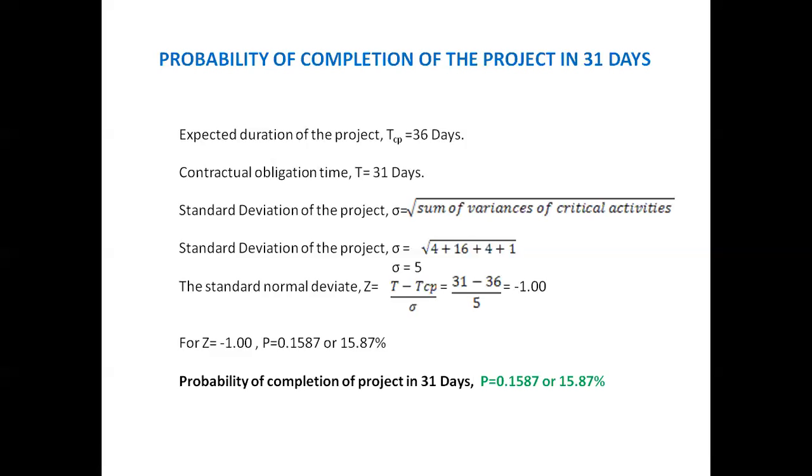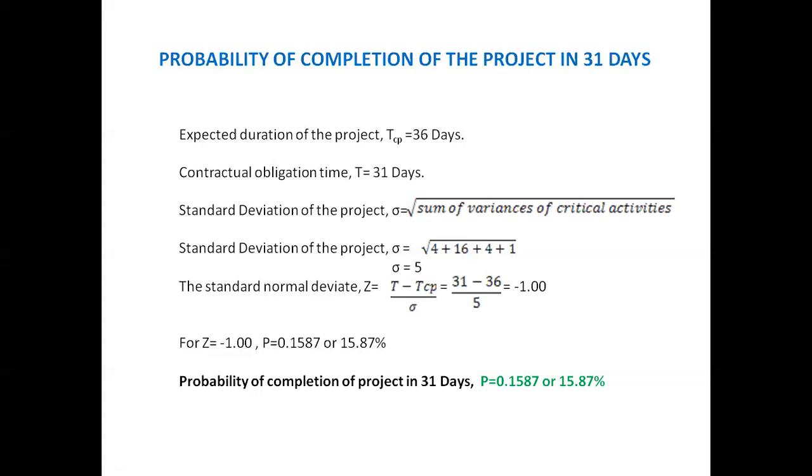The probability P is 0.1587, or 15.87%, which indicates that the probability of completing the project in 31 days is 15.87% or 0.1587.